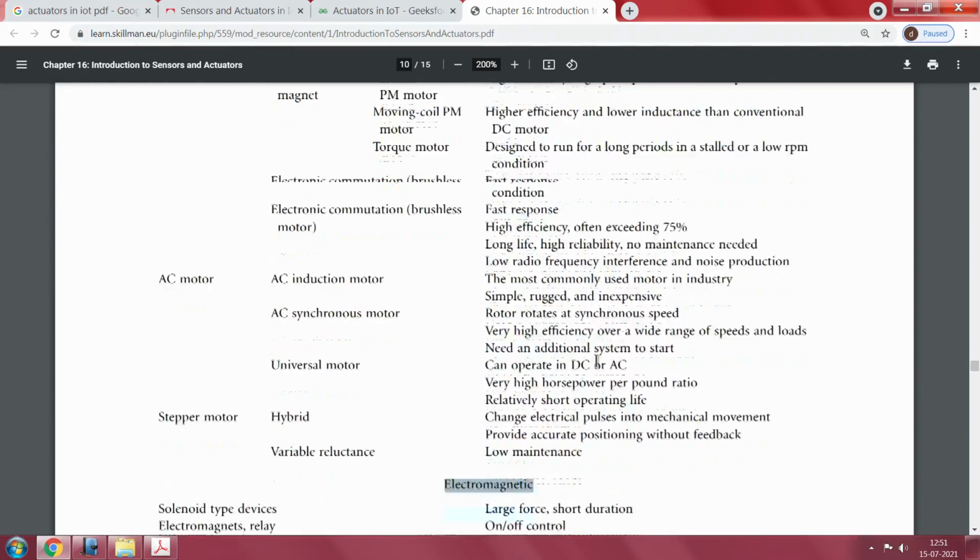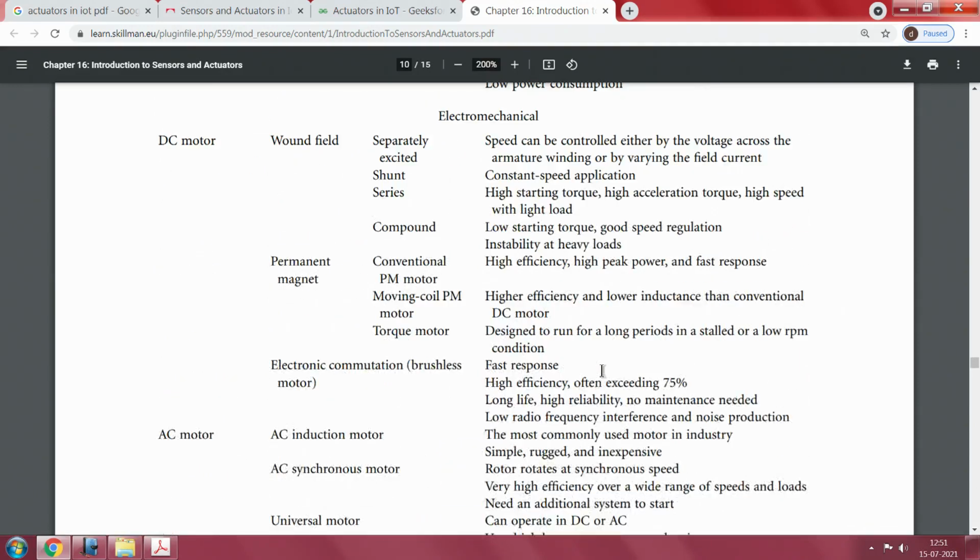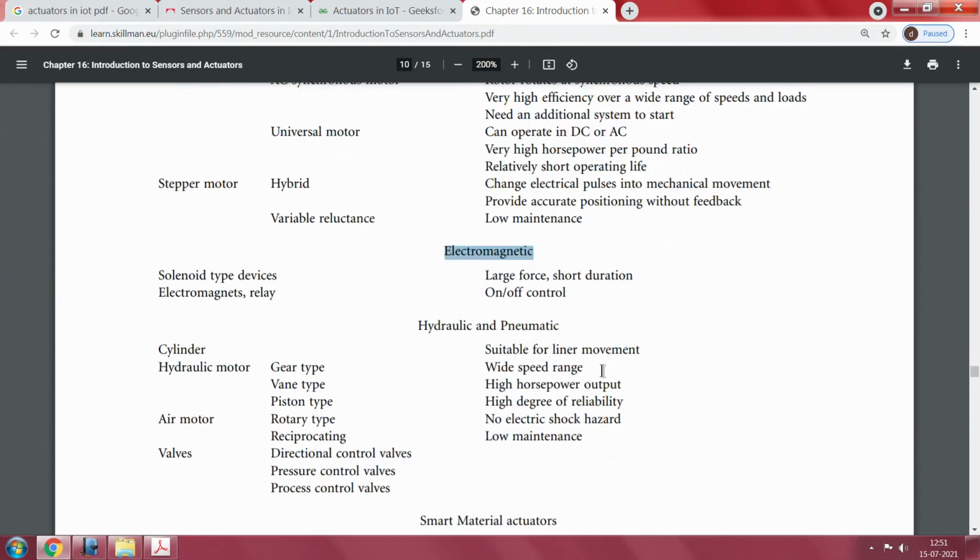Solenoids are electromagnetic by nature, unlike the others, which are electromechanical by nature. Electromagnets and relays all come under one class of electromagnetic actuators: large force, short duration, on-off operation that you can be guaranteed.